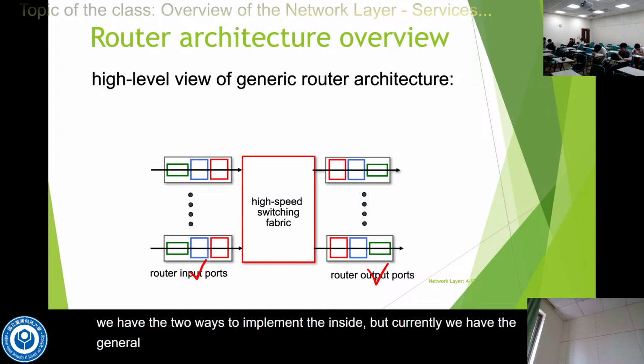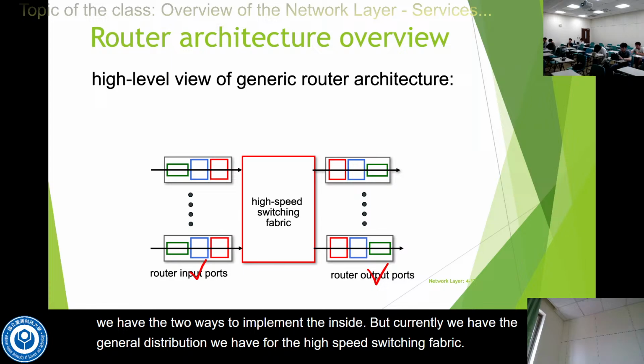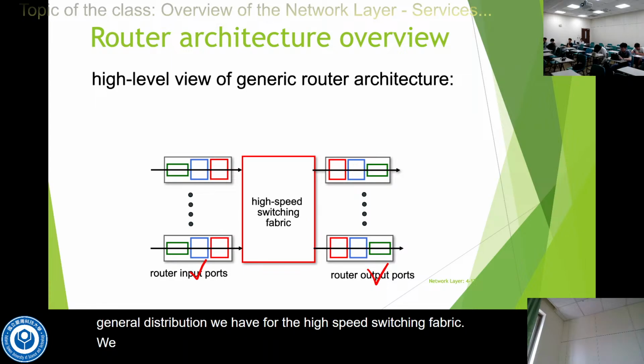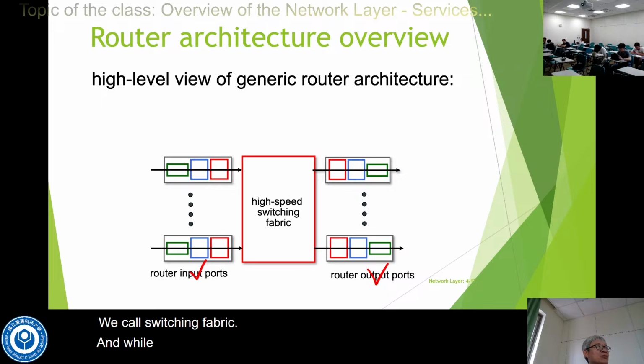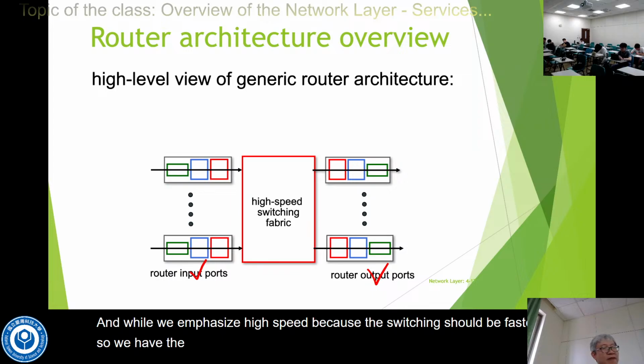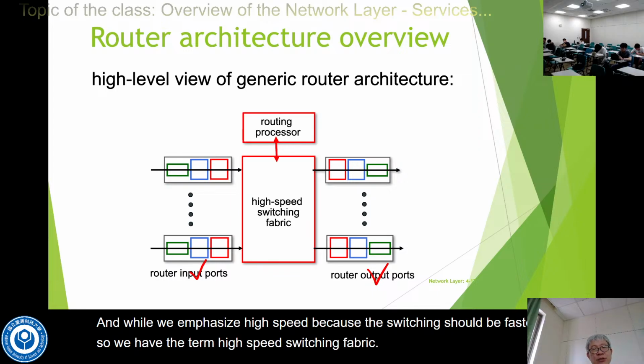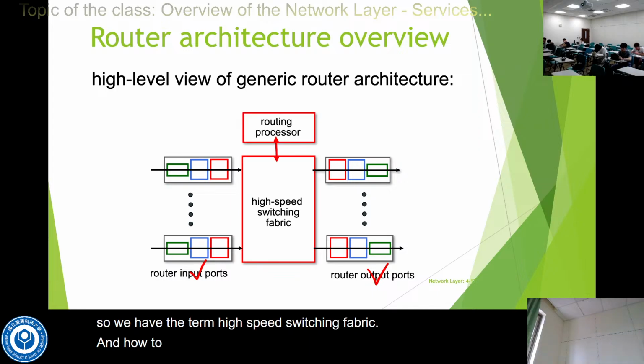We have the high-speed switching fabric. We call it the switching fabric. And why do we emphasize high speed? Because the switching should be faster. So we have the term high-speed switching fabric. And how to implement it, later we will cover three approaches.